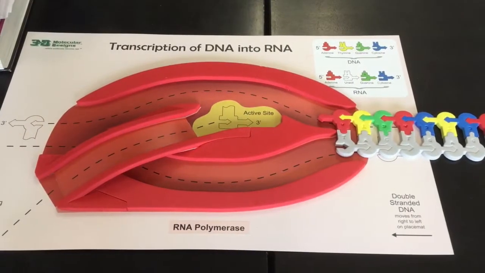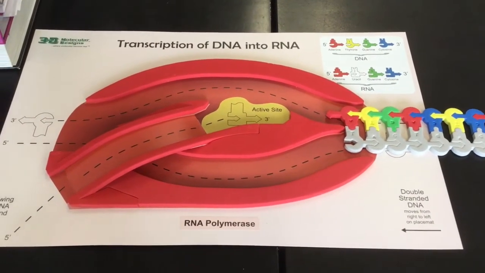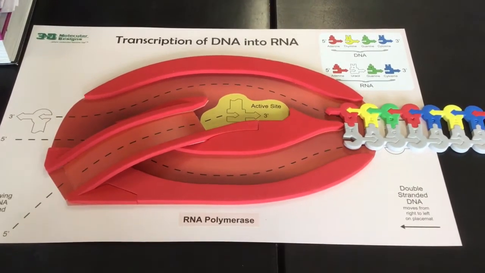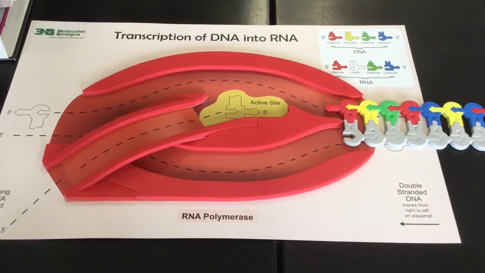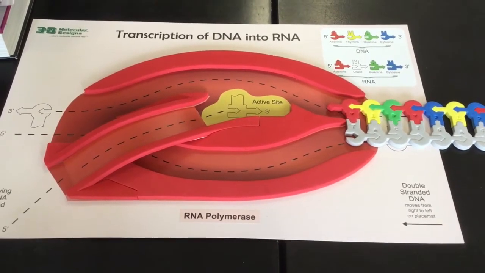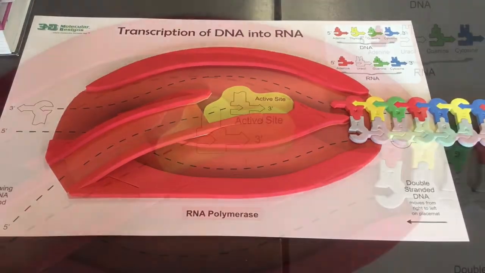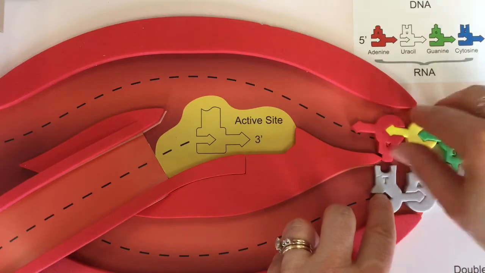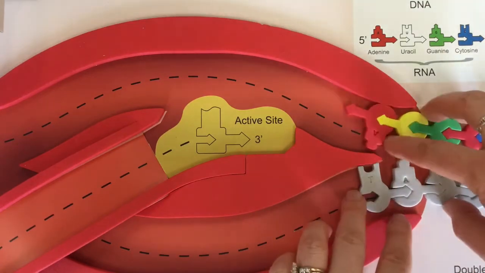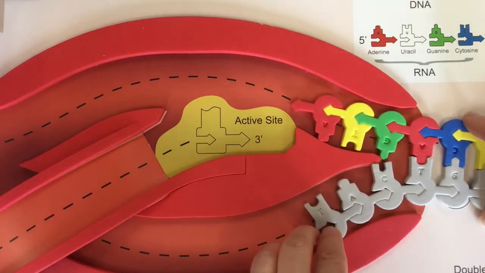So when we start this process, we bring our DNA molecule to the enzyme called RNA polymerase, because that is the enzyme that takes the instructions from the DNA and copies them into an RNA molecule, which will eventually become mRNA. So here comes our DNA molecule, and just like helicase, RNA polymerase is going to start splitting our two strands.